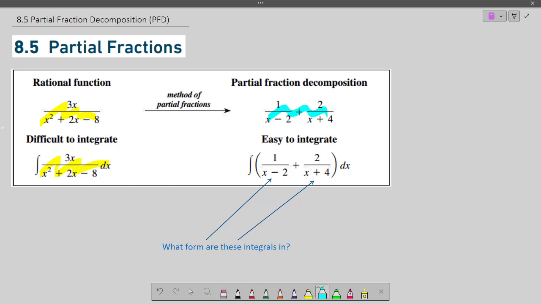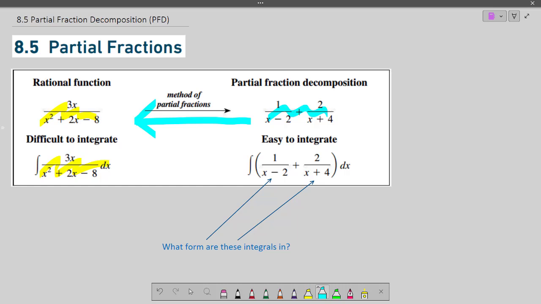If you already know how to go this way, that's easy. You get a common denominator, you combine the numerators. You did that all through algebra, combining two rational functions to create a single denominator. But you've never gone that way. That is what PFD is.